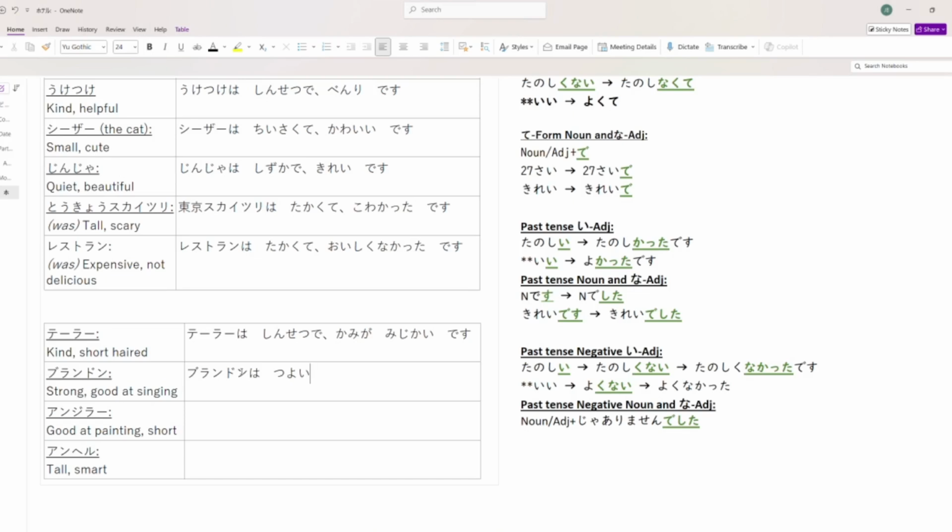I've definitely heard that. Tsuyoi. And is that going to be an E? It looks like it ends in E. Tsuyoi. Tsuyokata.